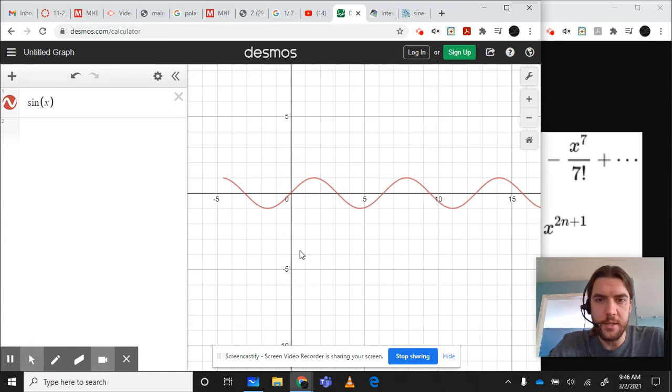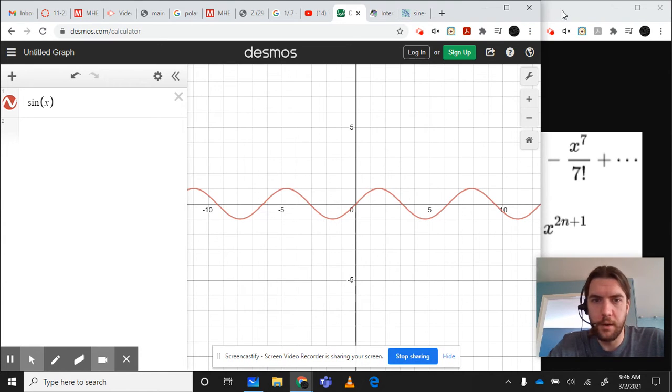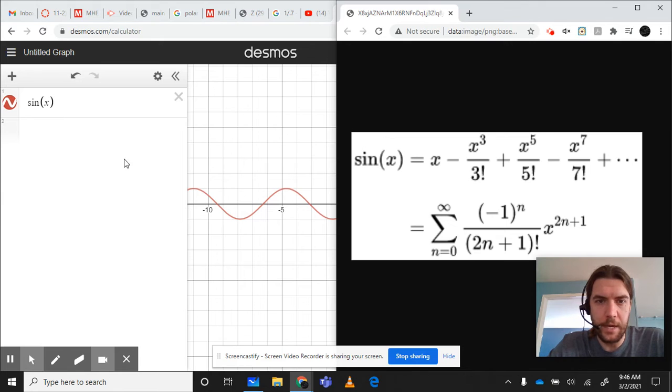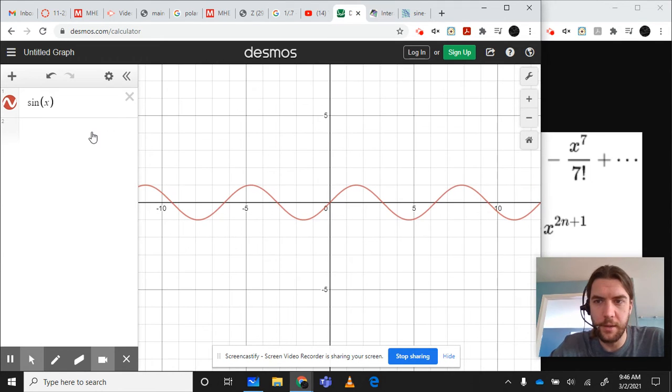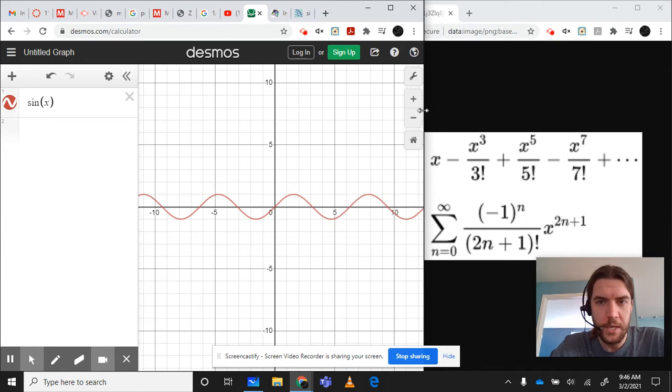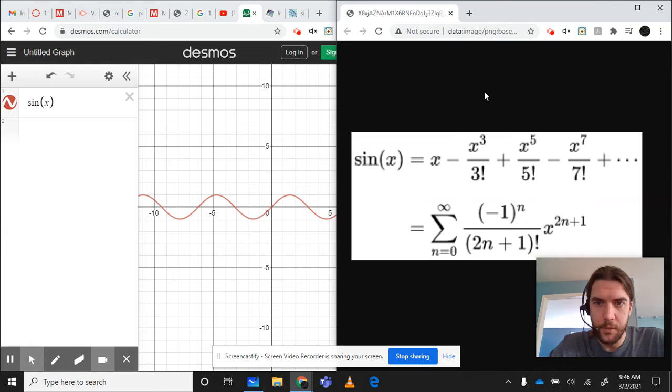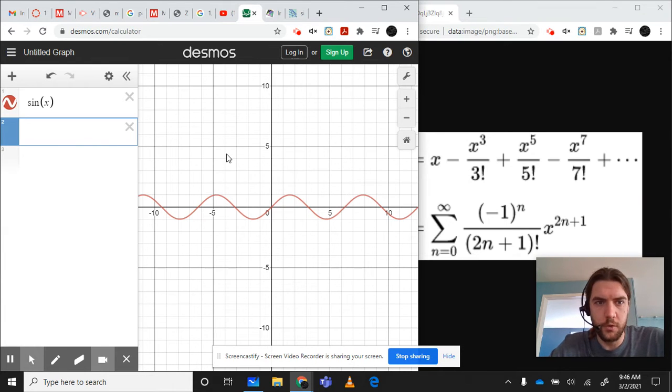Now, there's a way to generate this line as an actual equation that we would understand as having an input that we could work with in the same way as our linear equations. And it looks like this one right here. So let's just try this out.